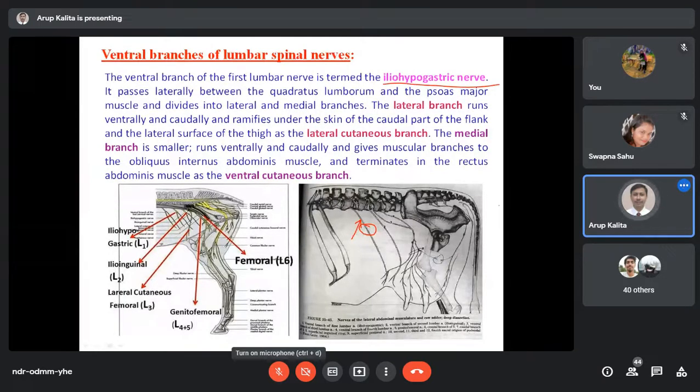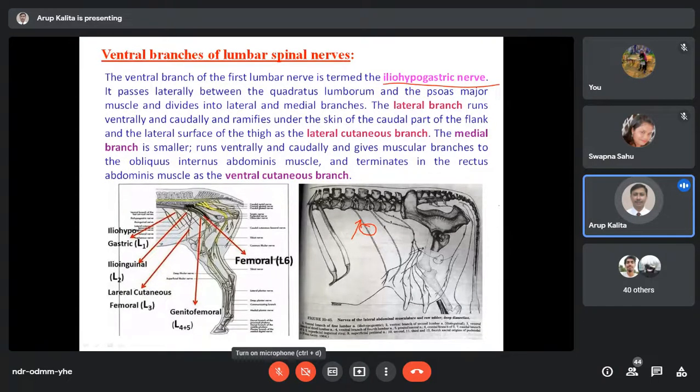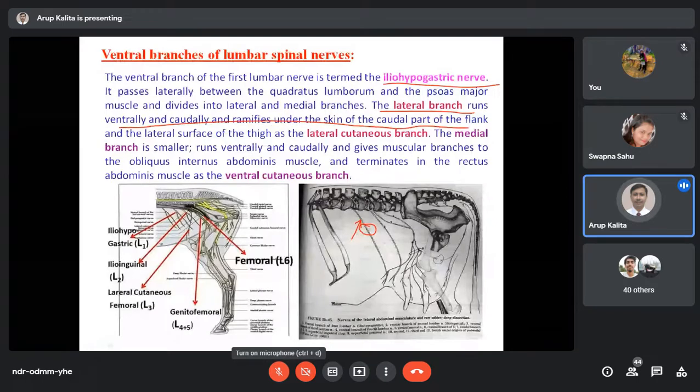The name is different. You may call it the first lumbar spinal nerve, ventral lumbar spinal nerve, or iliohypogastric. It passes laterally between the quadratus lumborum and psoas major muscle and divides into lateral and medial branches. The lateral branch runs ventrally and caudally, and ramifies under the skin of the caudal part of the flank. This is the flank region.